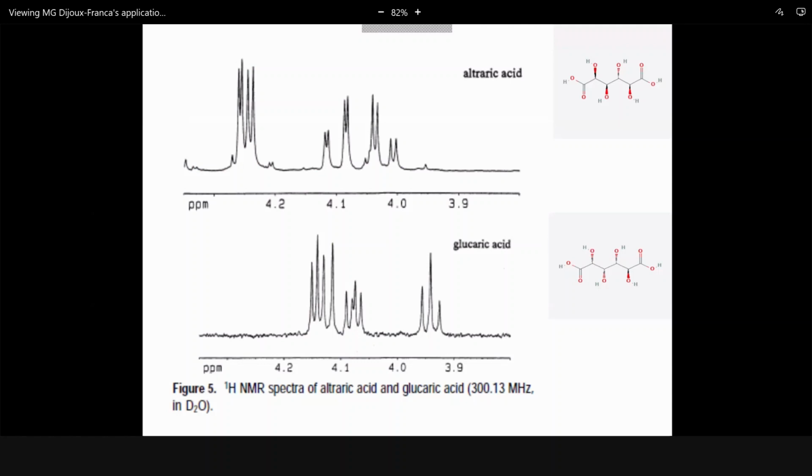Here, just an example to show you how measuring the coupling constant could be very interesting. We saw that in a double bond, it will help us to determine the configuration of the double bond, whether it is a cis or trans double bond.